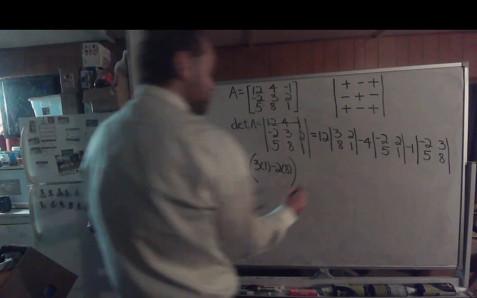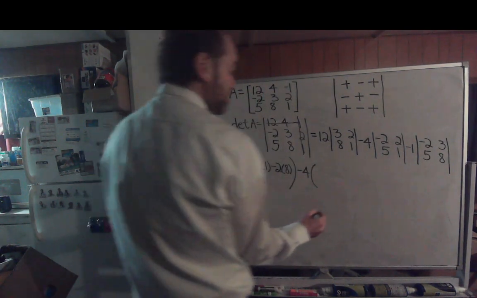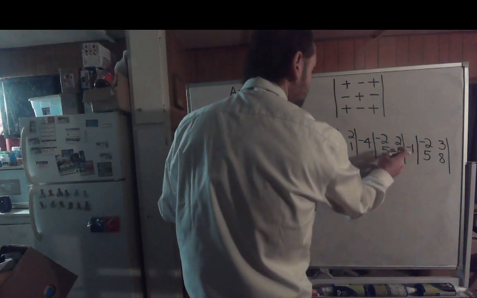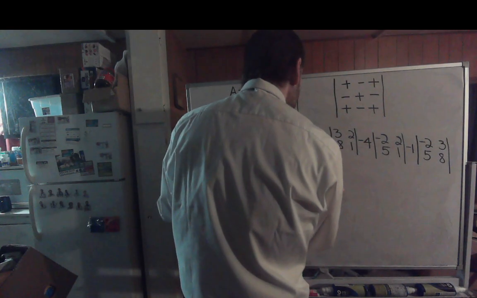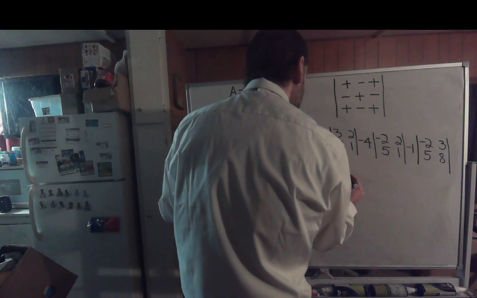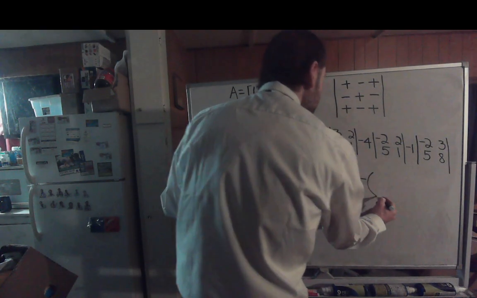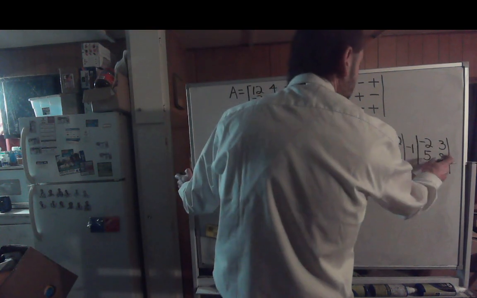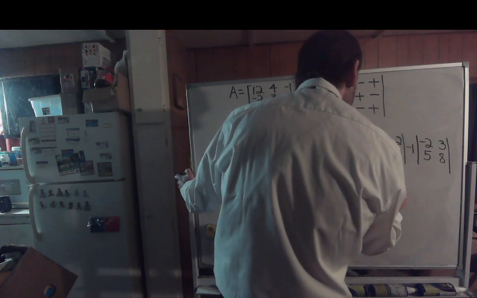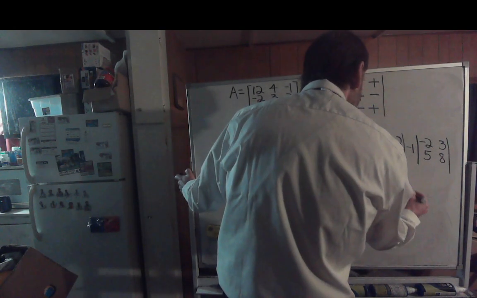There's your first one, minus 4 times the determinant of this here, negative 2 times 1, minus 2 times 5. Then you have minus 1, which would just be minus negative 2 times 8, minus 3 times 5.